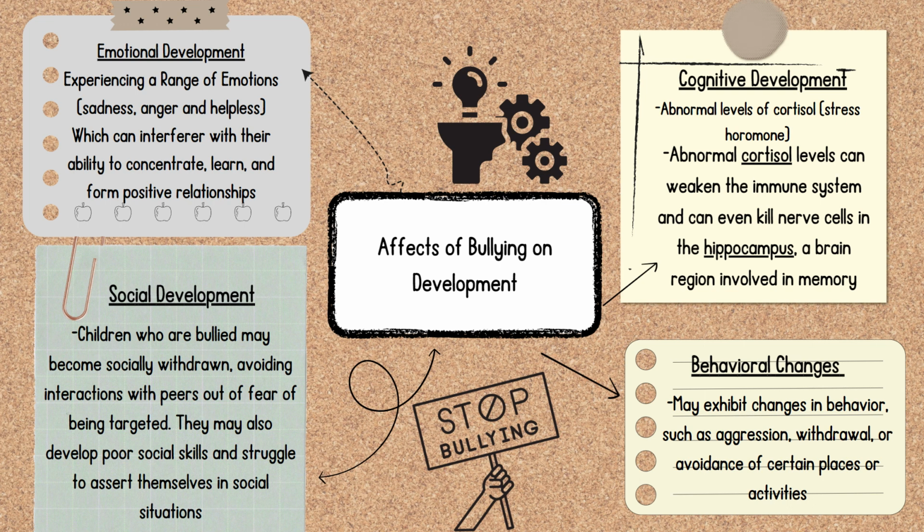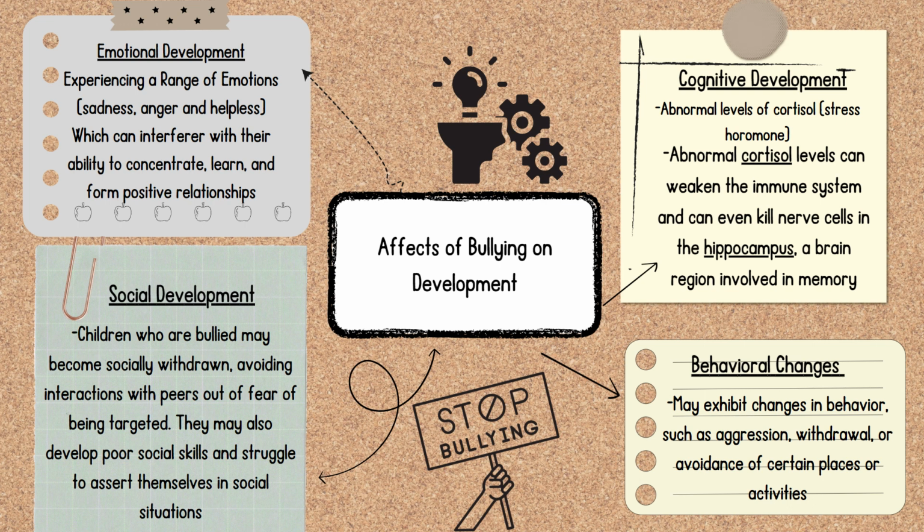Cognitive development. When an individual is experiencing high levels of stress, like being bullied, the brain releases a hormone called cortisol. When an individual has an abnormal level of cortisol, it can lead to health issues.